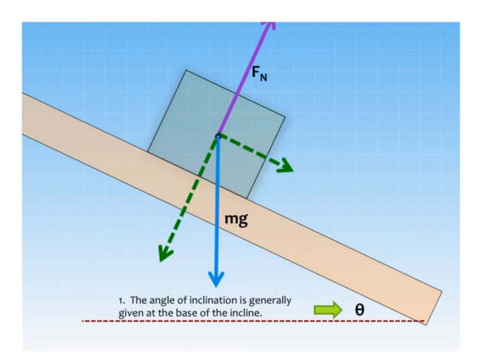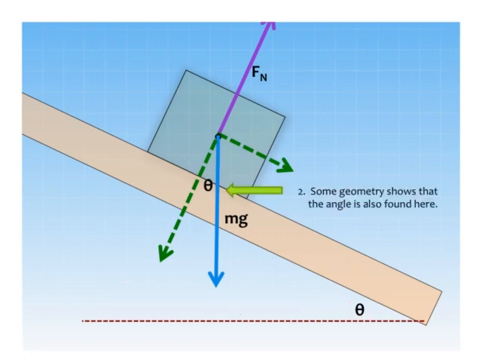Now, typically, the angle that we're given is this angle down here at the bottom of the incline. But that's actually not a good place to have that theta. We need to somehow connect that with the rest of the picture so that we can involve sines and cosines and so forth. With a little bit of geometry, it can be shown that that angle theta is the same up here as well.